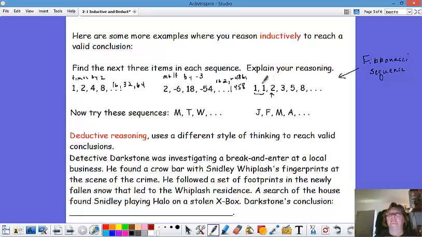And here, take a look at these two, and look at the next. Are you seeing anything there? I bet you are. In order to extend the Fibonacci sequence, we have to add the previous two terms to come up with the new one. So as far as a pattern, we're adding the previous two.